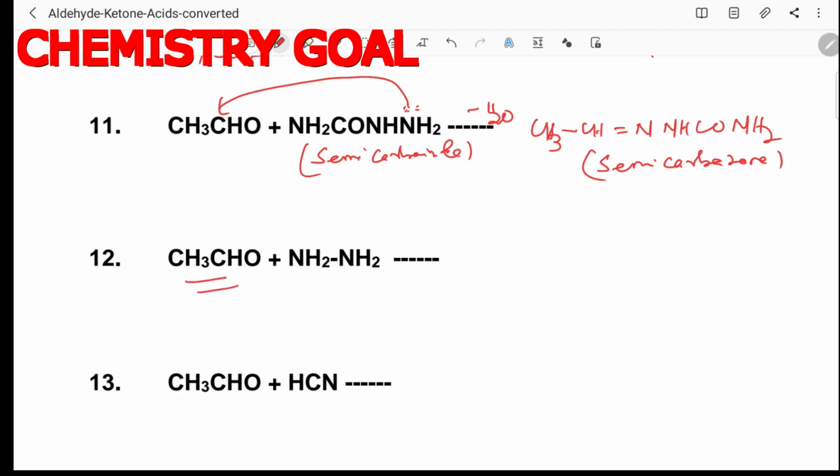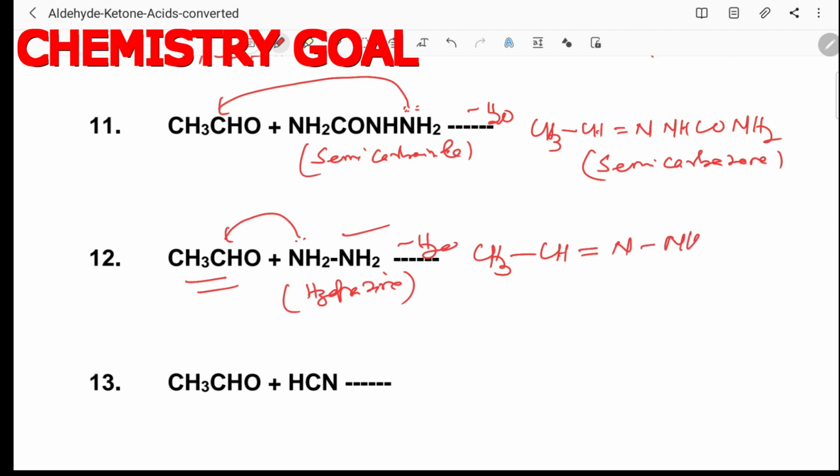Similarly, aldehyde reacts with hydrazine. Hydrazine produces hydrazone, the same way, acting as a nucleophile and attacking. So CH3CH, then double bond N, loss of a water molecule, then NH2, that is hydrazone.